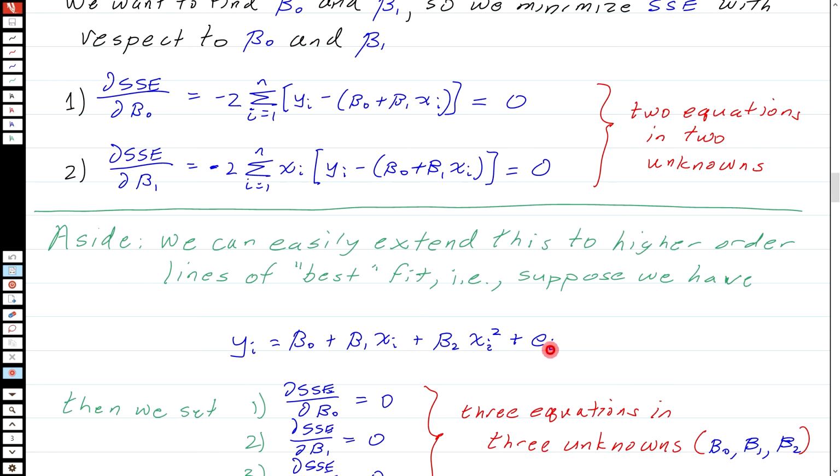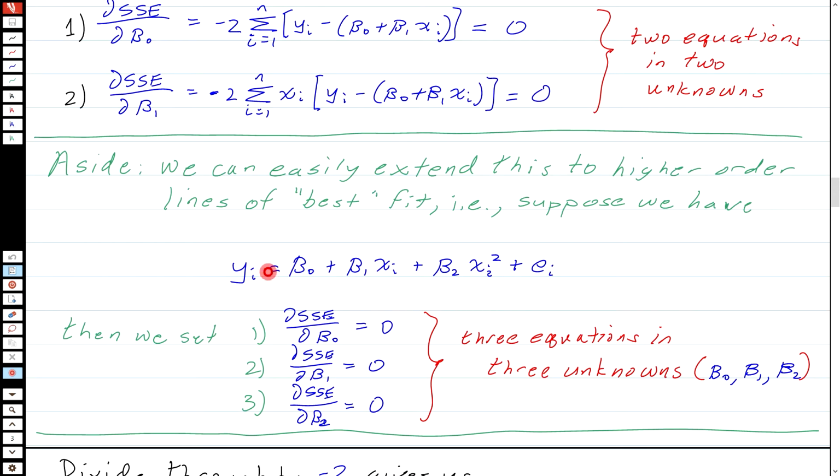Now I can fit a curve to my data, and all I have to do is define SSE as the yi minus its prediction, this part of it here, and then differentiate the SSE with respect to the three unknown parameters, beta naught, beta 1, beta 2, and this gives us three equations and three unknowns. Okay, so basically we can extend this to any polynomial function of xi. Okay, and in fact any function of xi.